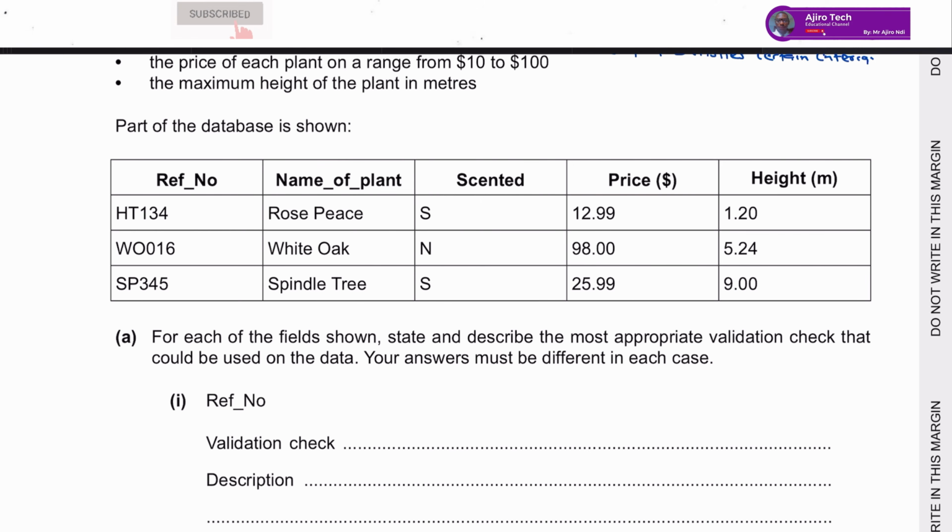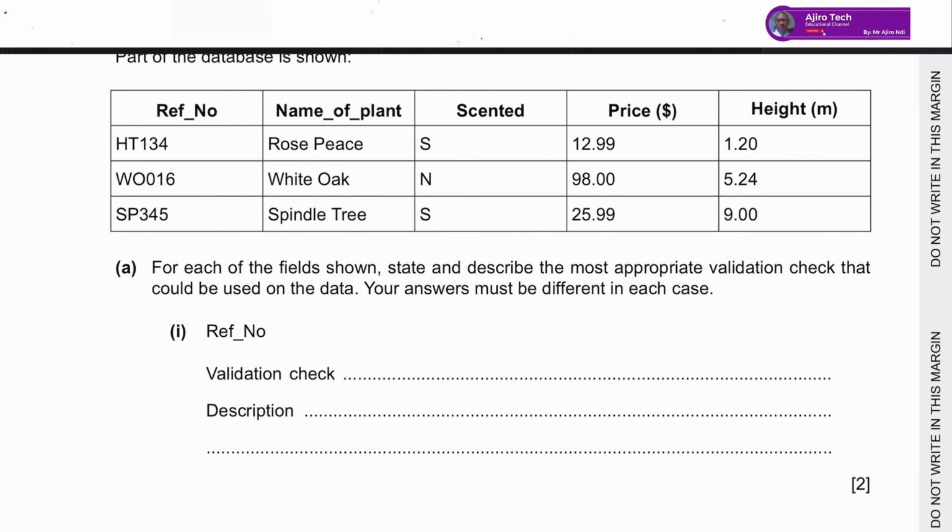So let's do this. I have the reference number. What's the validation check here? Looking at this reference number, what do you think is the validation check? It could be a length check because they put 1, 2, 3, 4, 5, and they're all 5 characters. So it could be a length check, and the reference number is your primary key, so it could also be a present check.